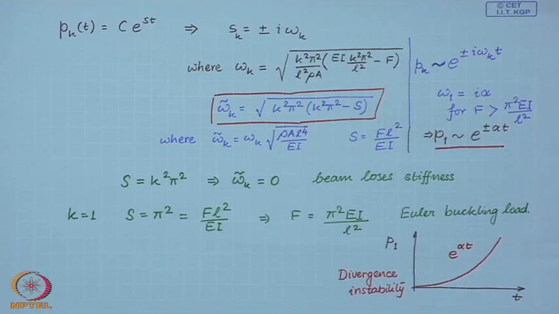Now, this can be used to estimate the buckling load of a column without destroying the column. If you want to estimate the buckling load of a certain column, you give this axial load and keep increasing it, and when it reaches the buckling load, this column is going to have large deflections, and very likely this column is going to get destroyed or spoiled.